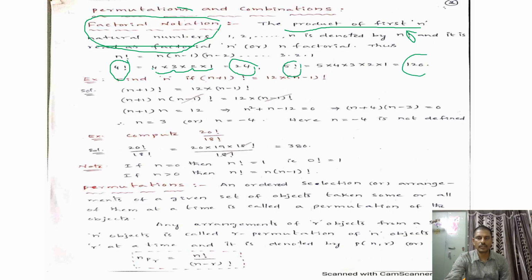So the continued product of the first n natural numbers. If I want to find n plus 1 factorial, what is n plus 1 factorial? So here this is the problem actually.